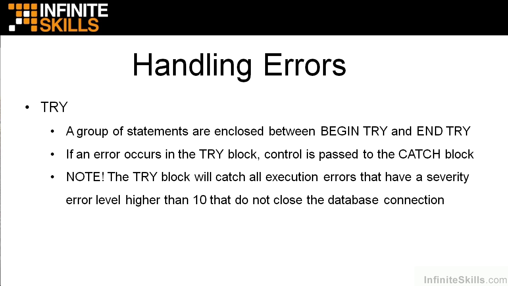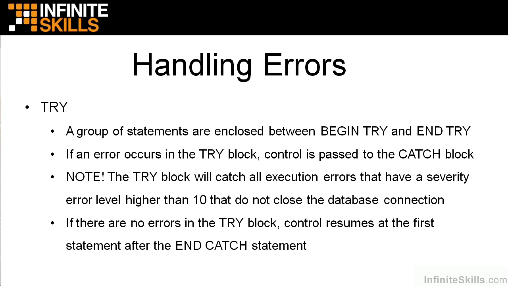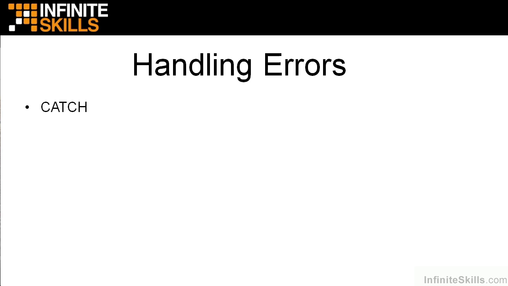If you close the database connection, then you've had a catastrophic or serious error, and you've lost your connection to the database, so there's got to be some other handling done there. If there are no errors in the try block, then control resumes immediately after your end catch statement. So it goes past the try-catch error handling routine and starts to execute statements.